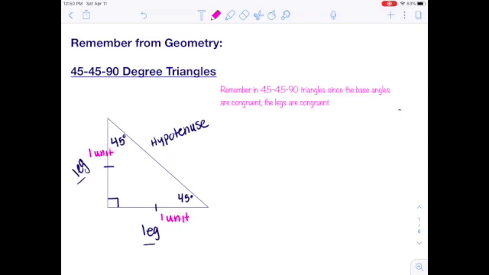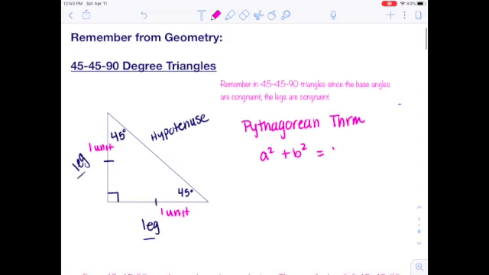And if you remember the Pythagorean theorem, this states that in a right triangle a squared plus b squared is equal to c squared, where c is your hypotenuse, and a and b are your two leg lengths.